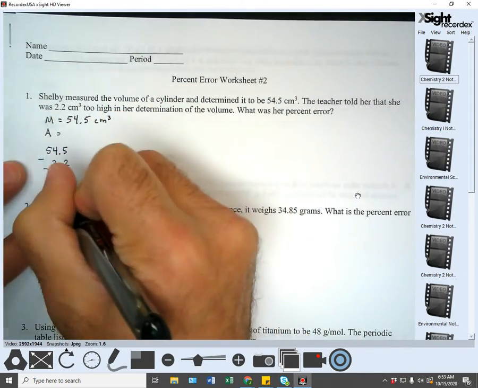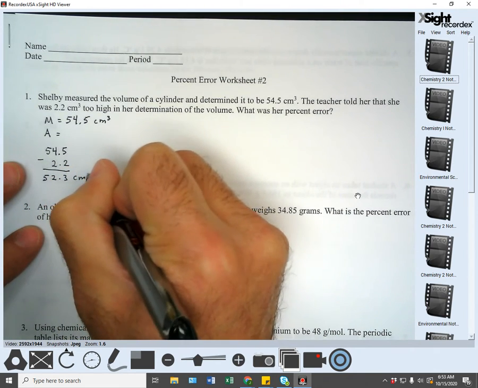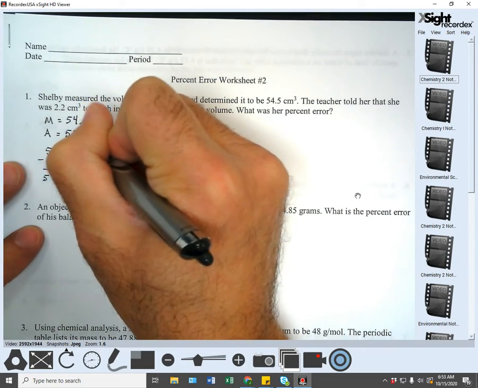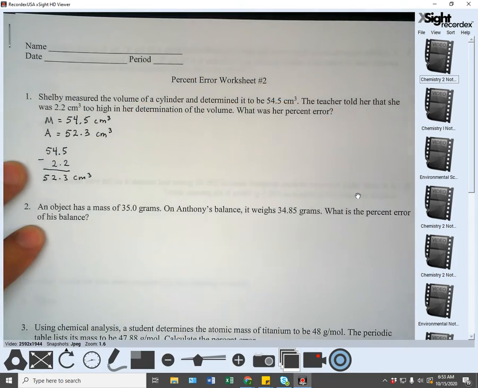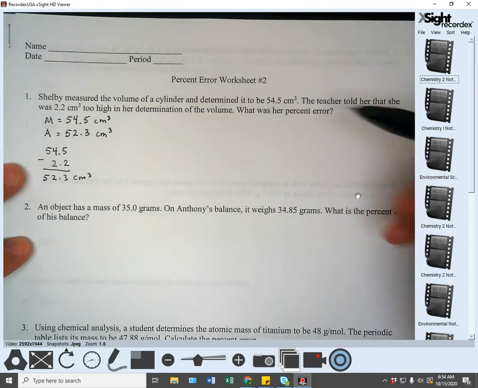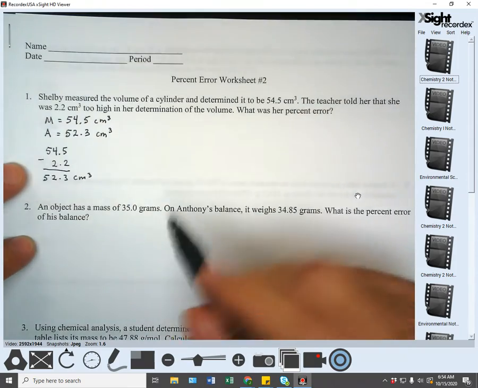This gives us 52.3. So that's going to be our actual amount. Now, this isn't always going to be like this, just in this one. So you have to read the problem and figure out what parts you have and how you can get the parts that you need to do the problem.